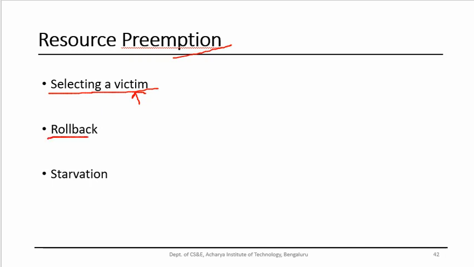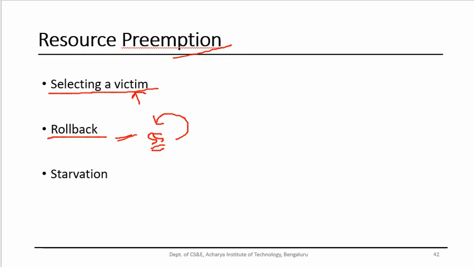The next challenge in case of resource preemption is, let us assume that you have selected a process as a victim and you are going to take away the resource allocated to that process. But you cannot leave the state of the process there. You will have to roll back its state to its previous safe state. That's very difficult.